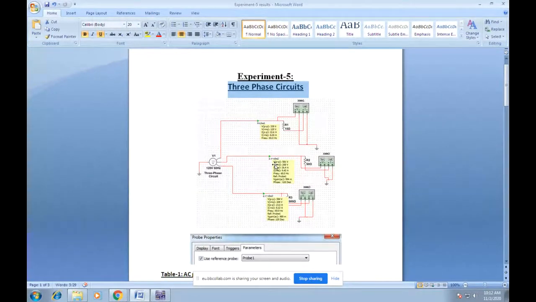Unlike experiment number 3, where you only learned to determine the magnitude and frequency, in experiment number 5 we will determine the peak-to-peak voltage and current, RMS voltage and current, frequency, phase, and voltage gain. These are the parameters for part A.